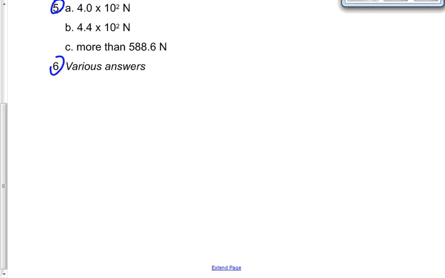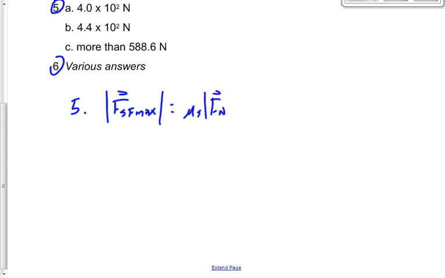The first thing you need to do here is see what the maximum possible force of friction is. F_s max is mu times the normal force. The coefficient of static friction is given to us, 0.60, times the normal force, which is m times g.